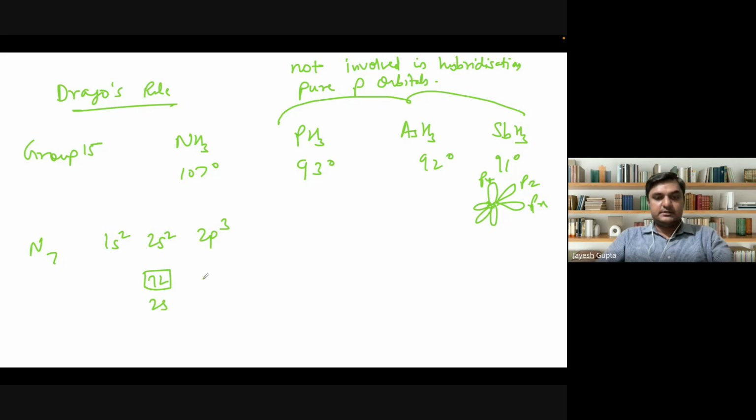So 2s, and here 3 single electrons, 2p. What is happening? Hybridization will happen, and then you will get 4 sp3, and they will make bond with 1s.